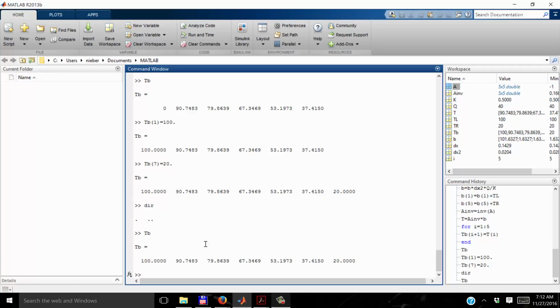We also need to have the locations of the grid cells, and here we'll have the vector x. The center of the first grid cell is just going to be at the position delta x over 2.